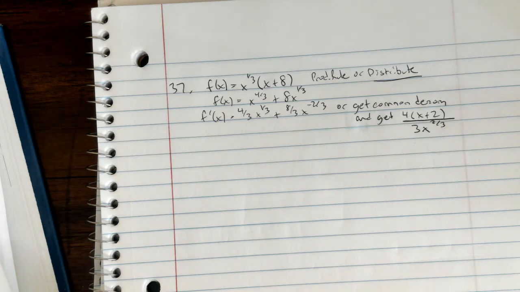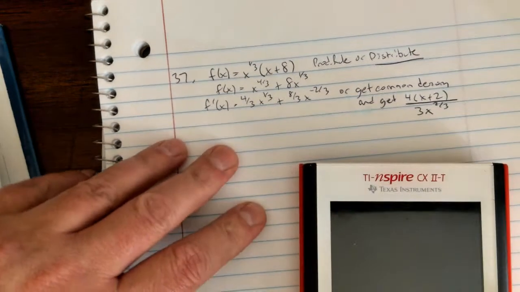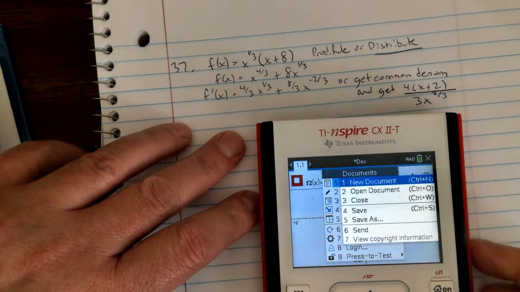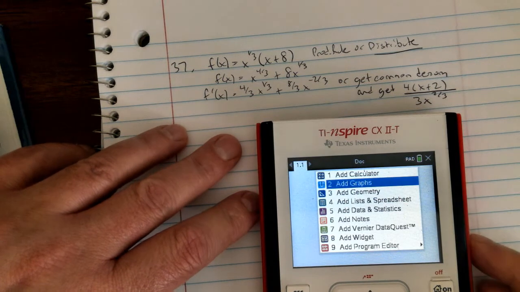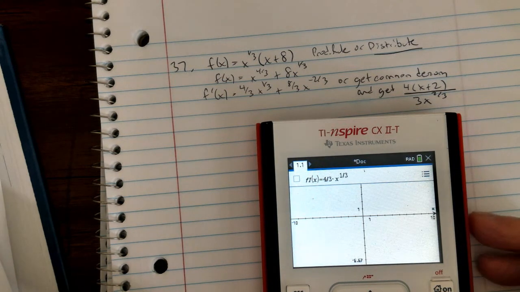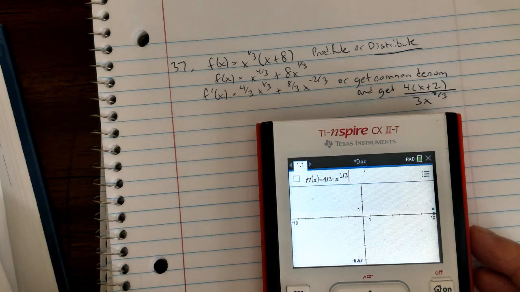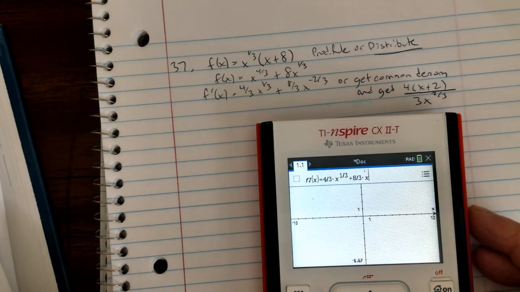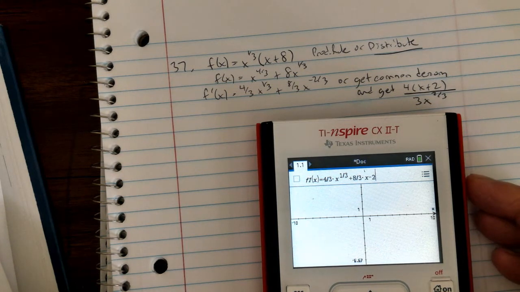Okay, so now we need to get our critical points, and so basically do our graph. Four thirds x to the 1/3 plus 8/3 x to the negative 2/3. Now this is our derivative function.